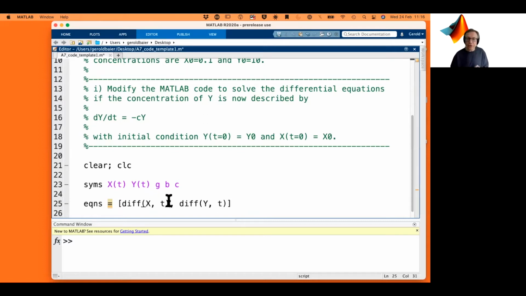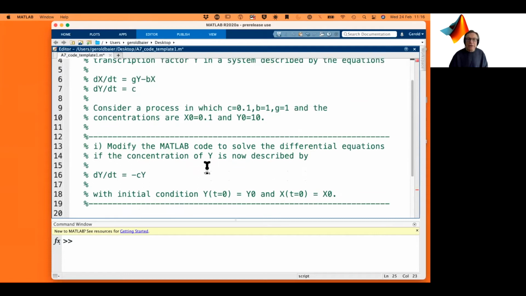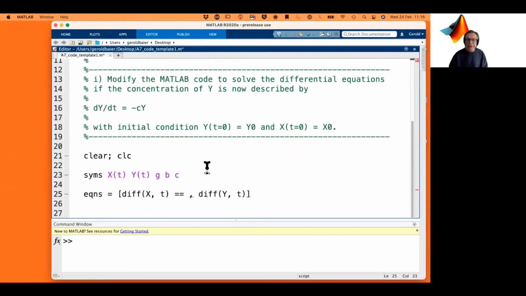So it's important to remember that this equal here is a double equal, a Boolean equal, so to speak, which is the convention for this solver to operate. If I look at the equation, it's g y minus b x.